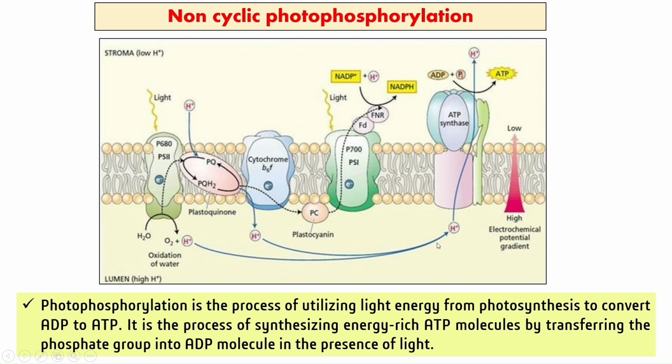All these protons are further transferred to the stroma via ATP synthase, producing ATP. So from this proton gradient, ATP is produced.